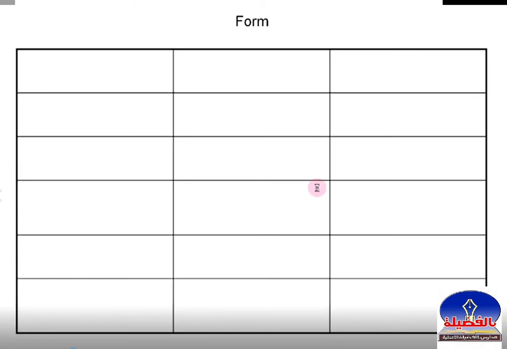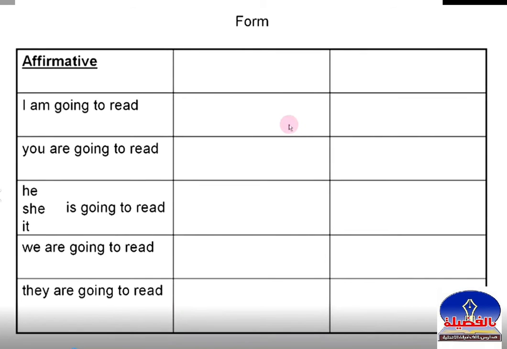And now let's look at the other forms of the structure. So here we have already seen this on the left, so I am not going to explain it again. So this is the affirmative, and the other form we can have is the question form.